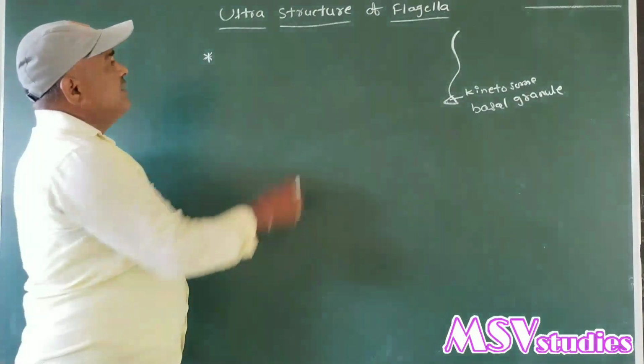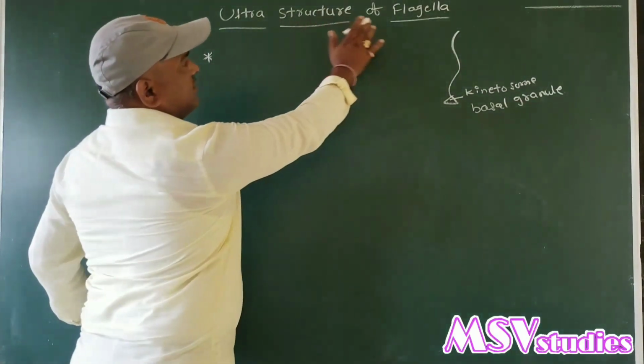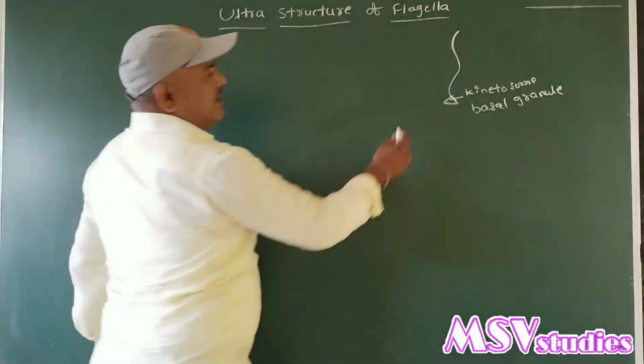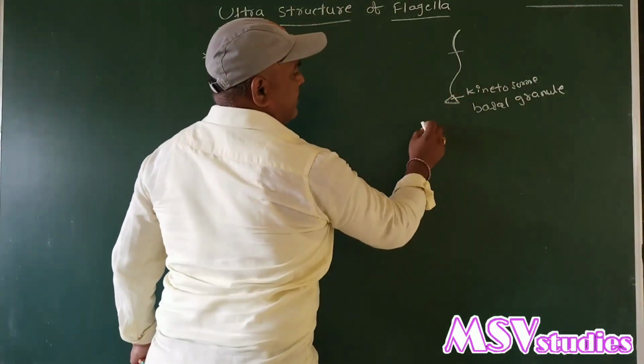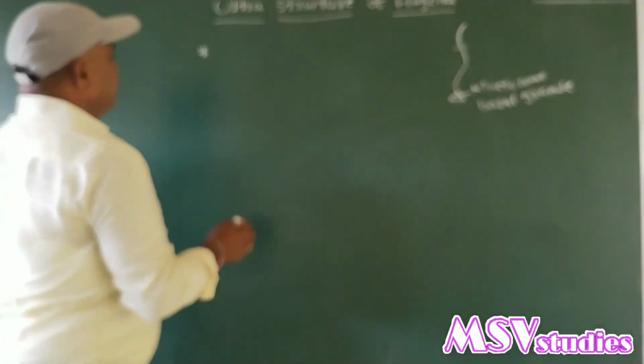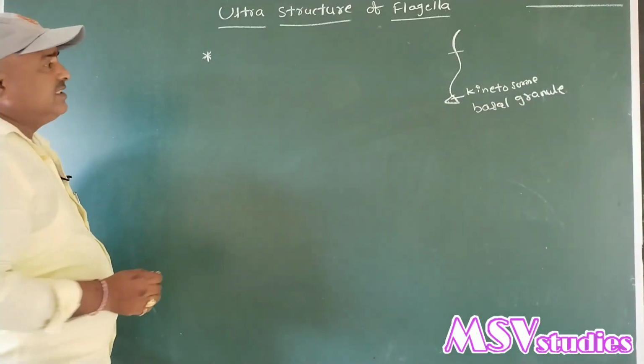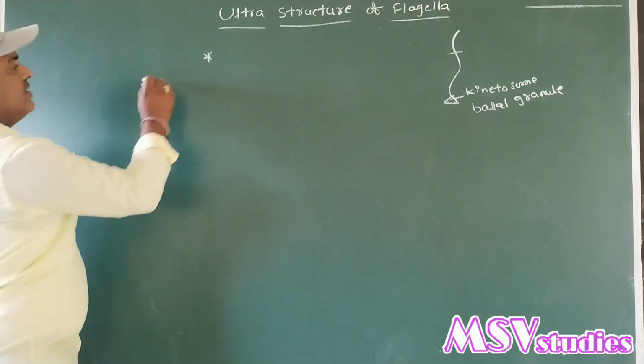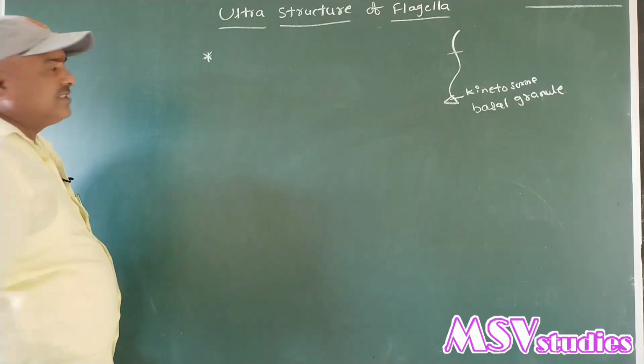Today we discuss the ultrastructure of flagella, the TS of flagella. The TS of flagella consists of 6 important components.